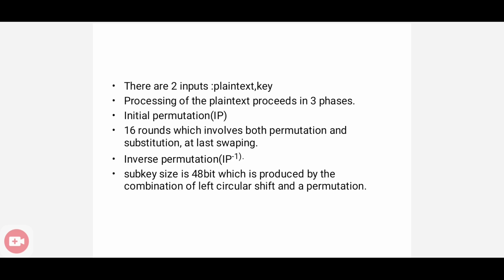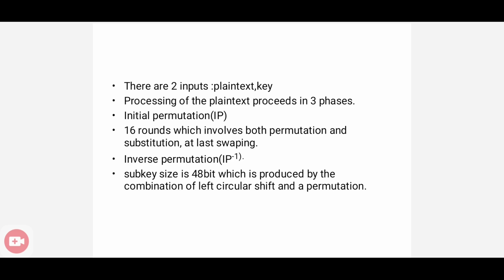Then what is the length of the subkey? It is 48-bit. You can see in the figure. Here are two inputs, plain text and key, and the output is a cipher text. Plain text is 64-bit length, key is 56-bit length, and the processing of plain text with the help of this key is done in three phases. First one is an initial permutation, then 16 rounds plus a swapping.